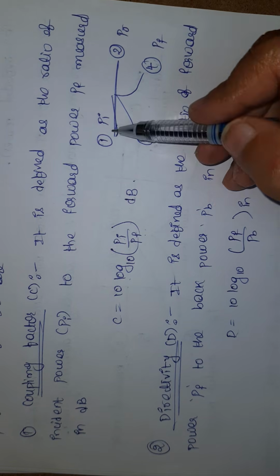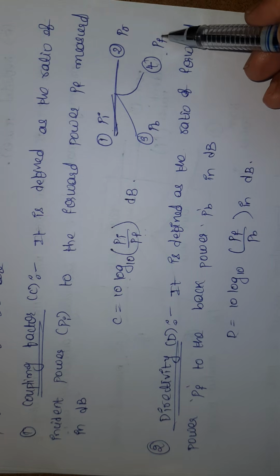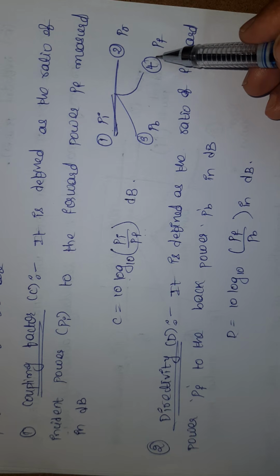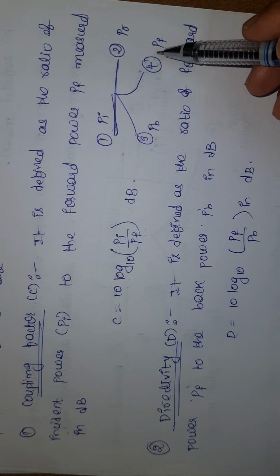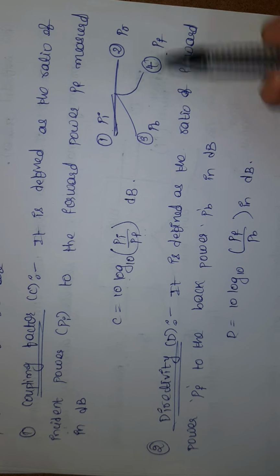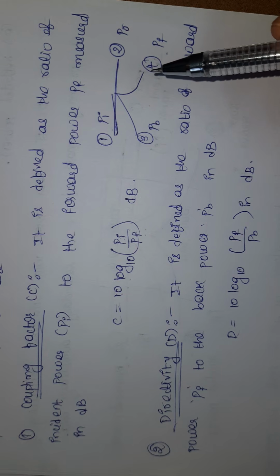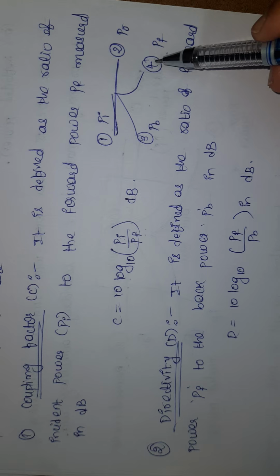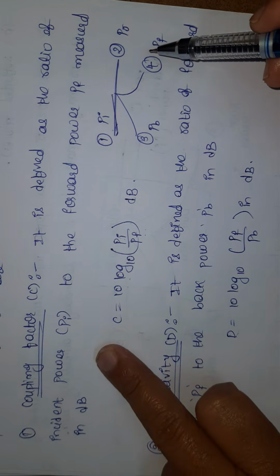It is the ratio of Pi by Pf. This is the incident power and this is the coupled power which is used to measure. So the coupling factor C describes how much of the incident power is being sampled.